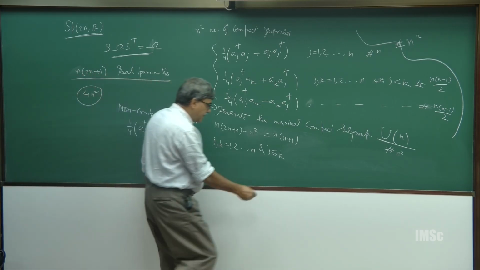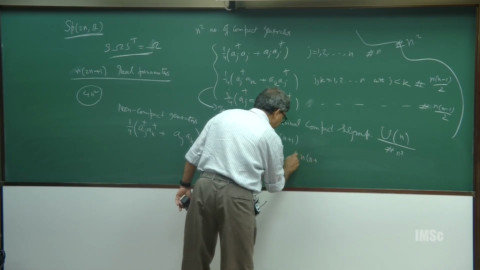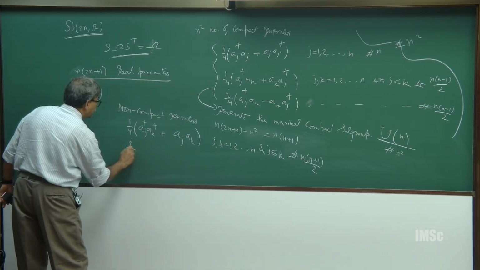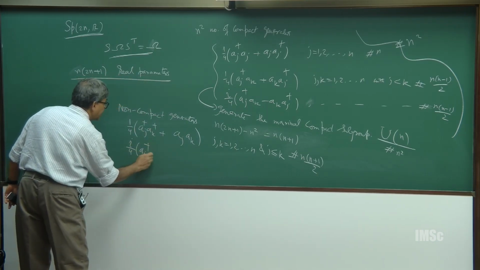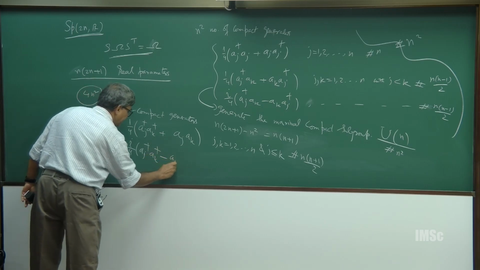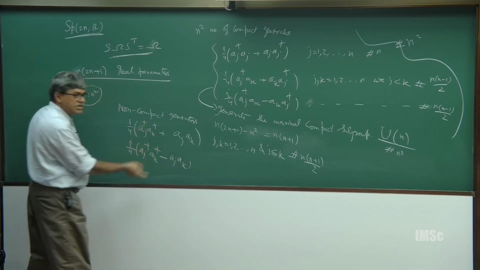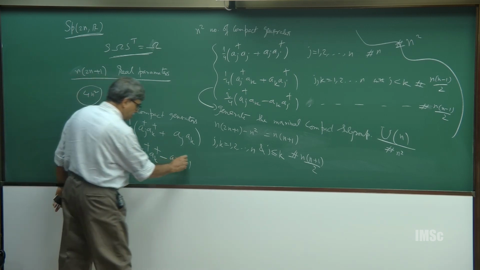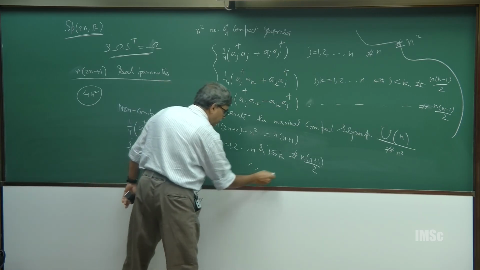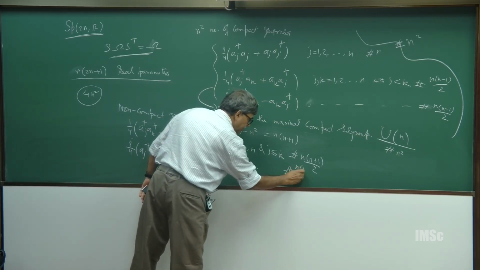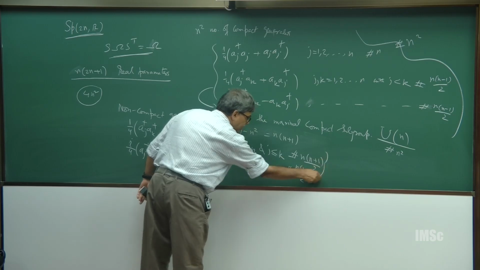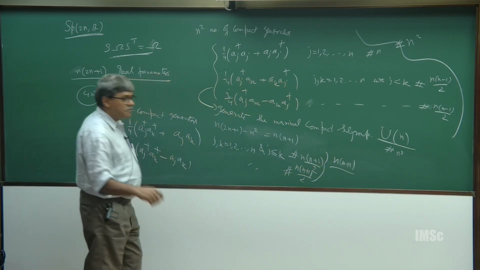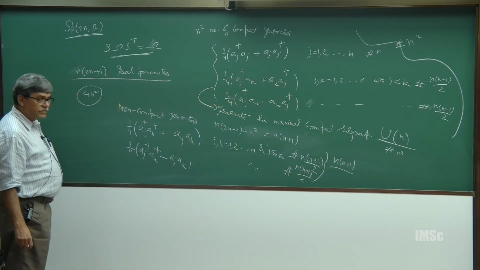This number is n into n plus 1 by 2, and also you will have iota by 4 (aj dagger ak dagger minus aj ak). These are basically rotated versions, you can go to a rotated phase space operator, and again the number is n into n plus 1 by 2. So as a whole this gives n into n plus 1 generators, and these are the non compact generators.